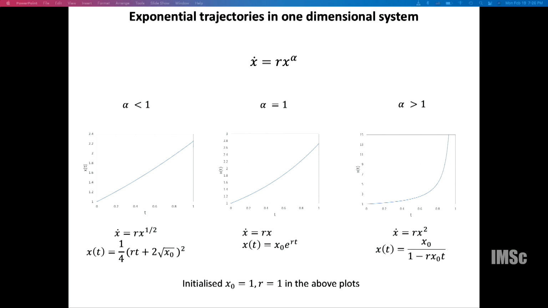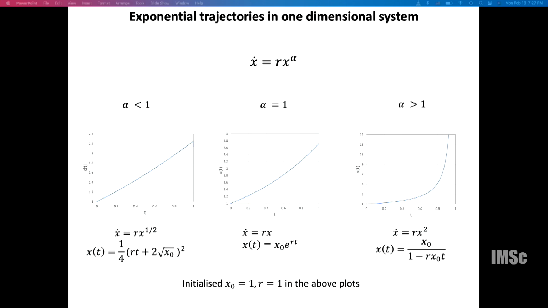But the moment you have any nonlinearity, you don't have an exponential solution. Here you can see that there is a power law behavior in time: x of t depends on rt plus something initial, and then squared, and so on. That grows slower than exponential.